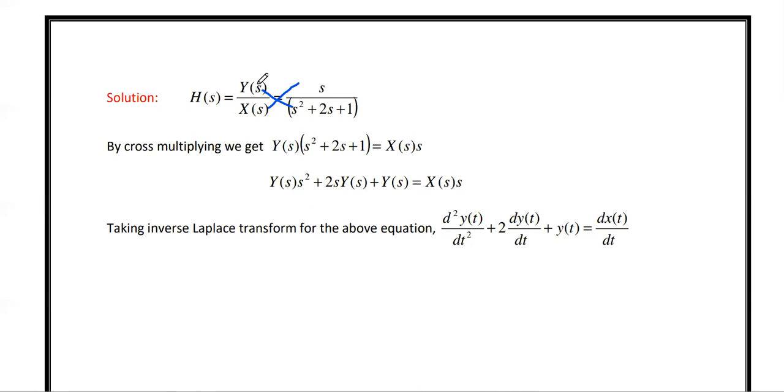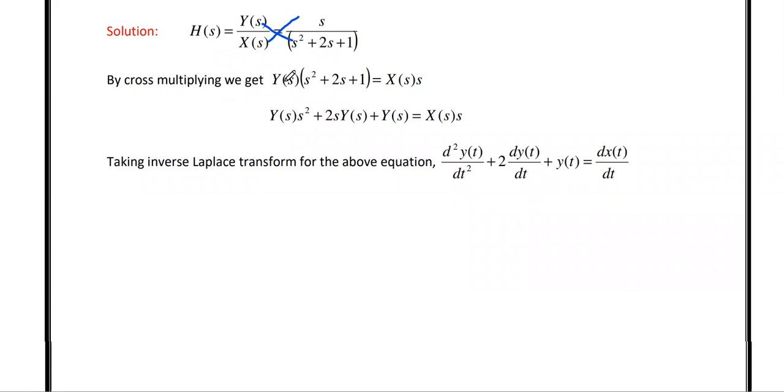So cross multiplying, Y of s into this s squared plus 2s plus 1 is equal to s into X of s. Then you multiply this Y of s to each term. So s squared Y of s plus 2s Y of s plus Y of s equals X of s into s.